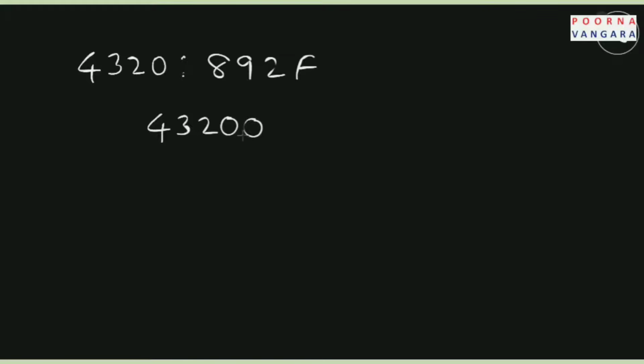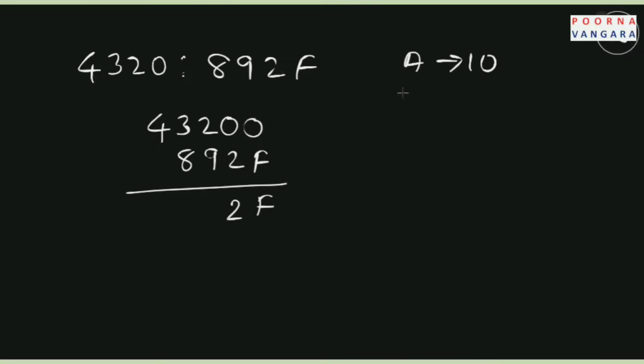Simply a 0 is appended on the right side, and you need to add the offset. 0 plus F is F, 0 plus 2 is 2, 9 plus 2 is 11, but in hexadecimal A represents 10, B represents 11, C represents 12 and so on.